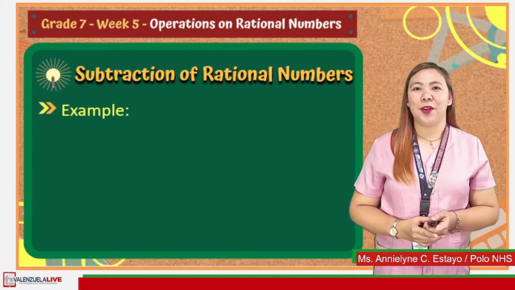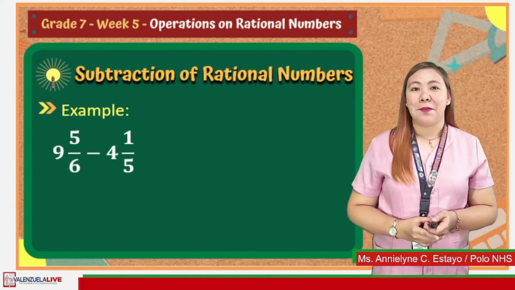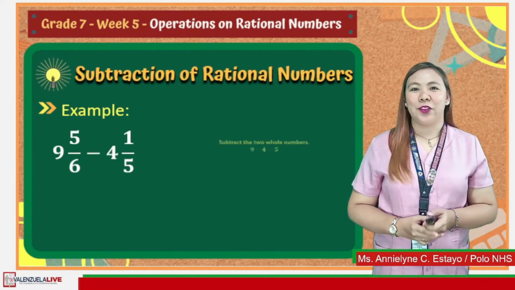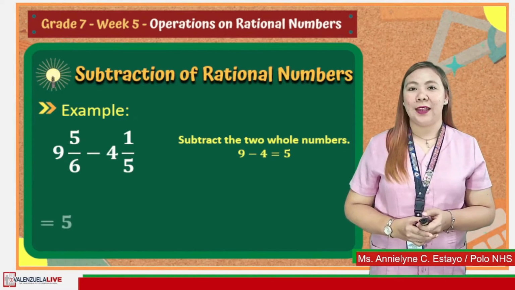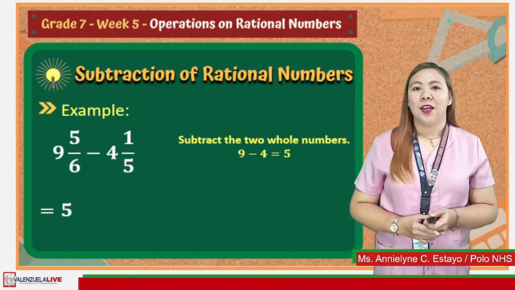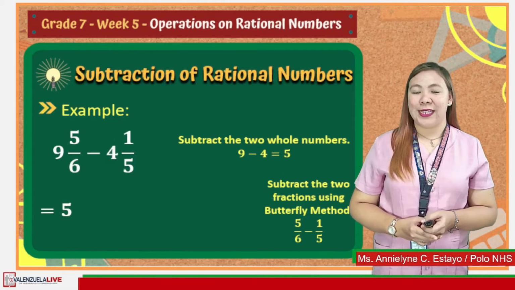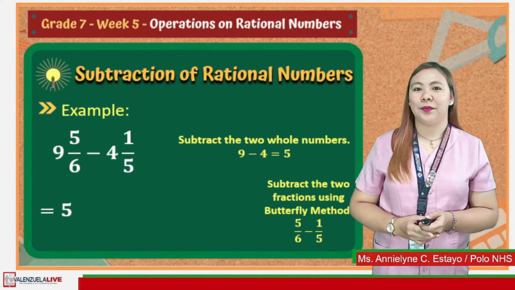Another example is 9 and 5/6 minus 4 and 1/5. Subtract first the two whole numbers 9 and 4, and the difference is 5. Next, subtract the two fractions 5/6 and 1/5 using the butterfly method.